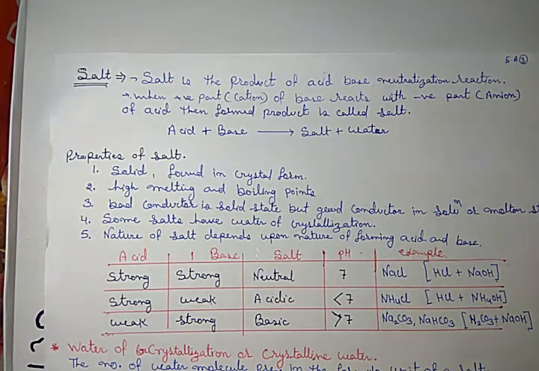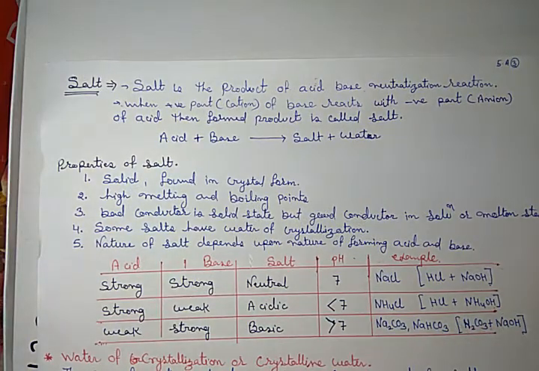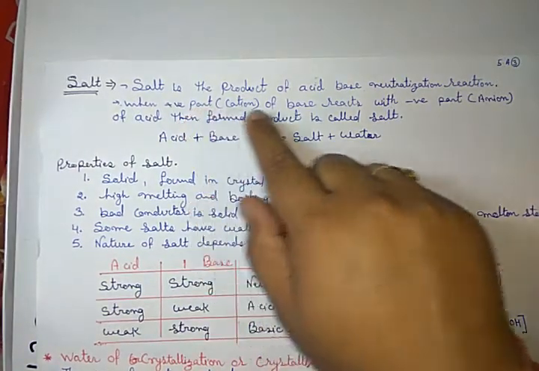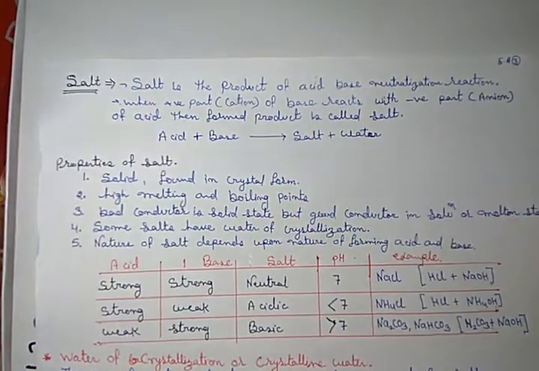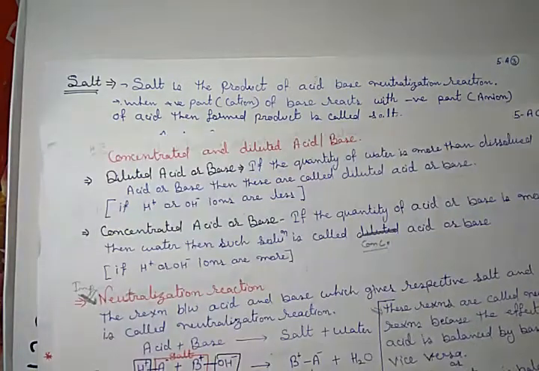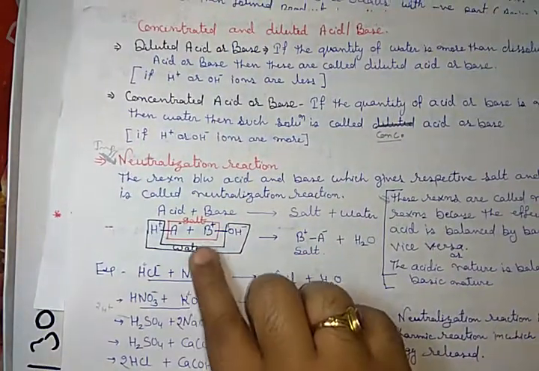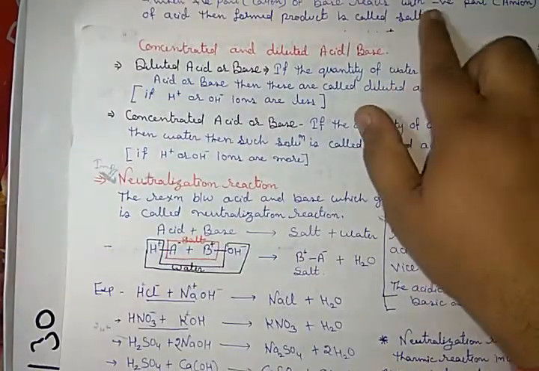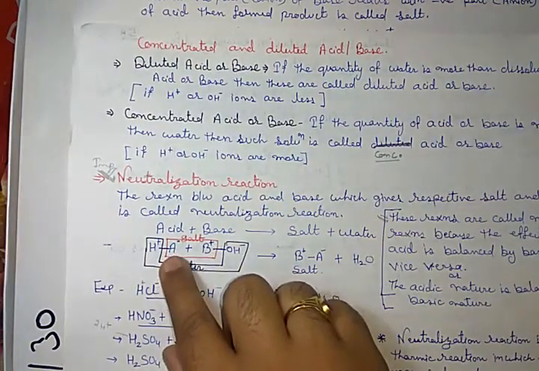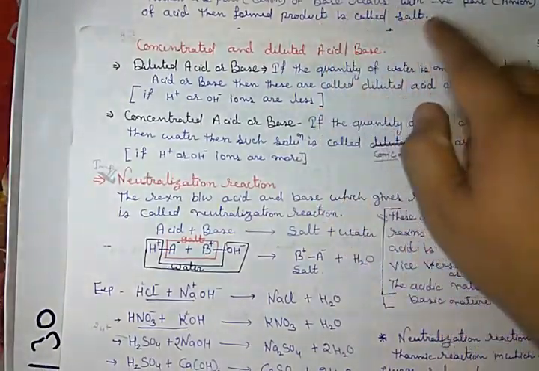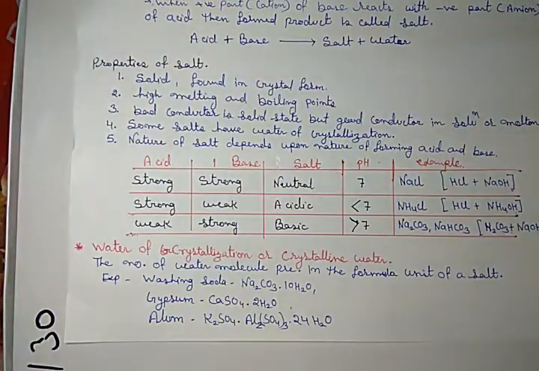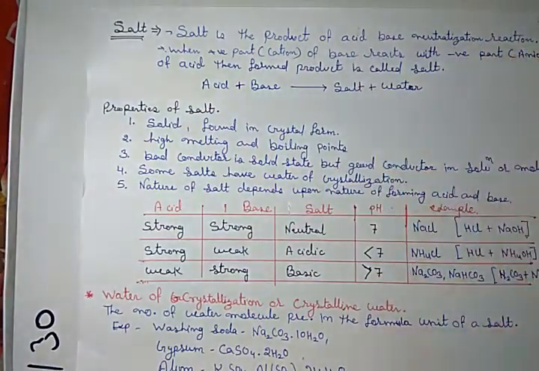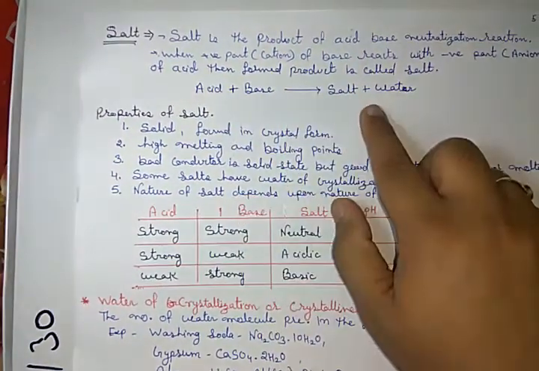The positive part of the base, that is the cation of the base, reacts with the negative part, the anion of the acid, and makes a product which is called salt. This is a simple reaction. So acid and base combine and make salt and water.